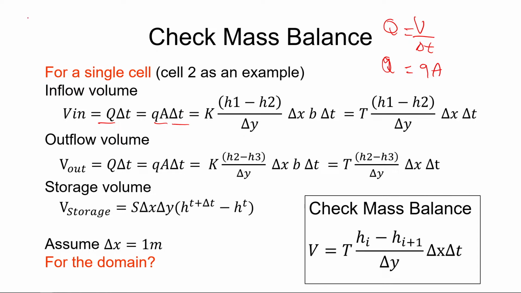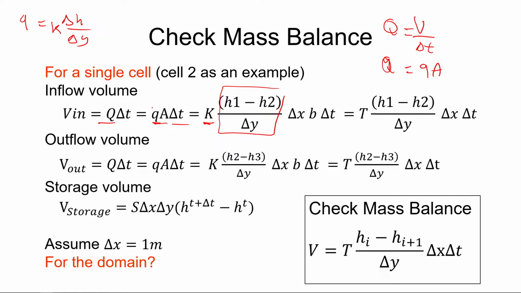If you remember, small q is delta H over delta Y, for example, times K, the hydraulic conductivity. So I can express this as K and the hydraulic gradient, delta H over delta Y, times area.